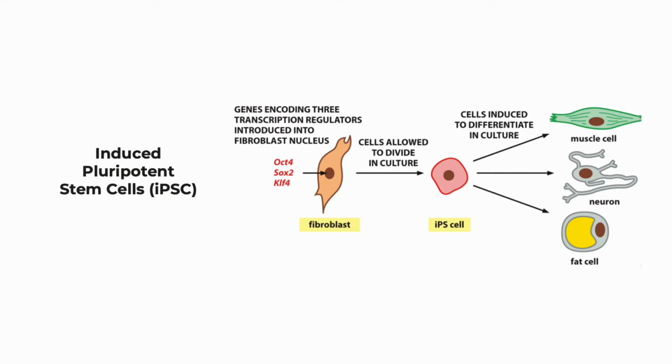And once we reach this pluripotent stem cell stage, where the cell again has stem cell potential, we can go back and differentiate out of this one cell type several different cells. This gives us the advantage that we can do this for every human.